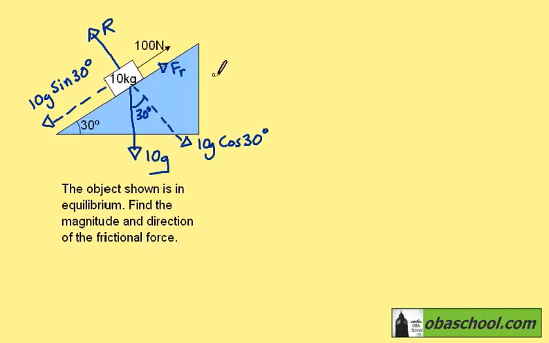We can now ignore the weight force since we have its components, and the components will have the same effect. We can look at the perpendicular components, although they aren't especially important to us in this question.